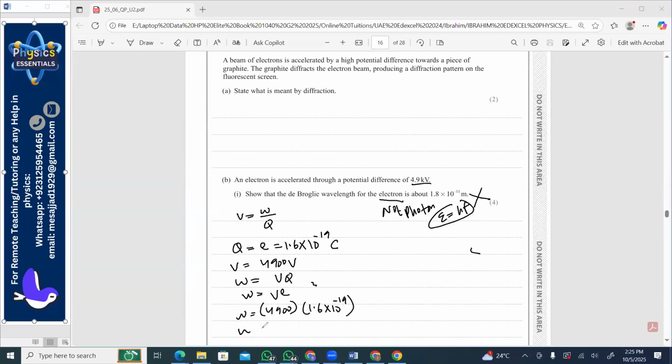So it's 7.8 times 10 raised to the power minus 16 joules.